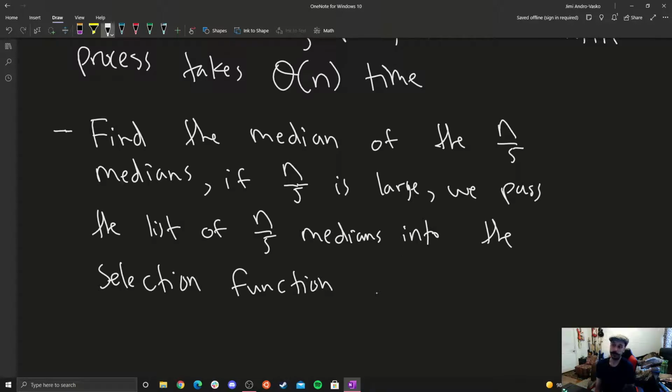Now, if we have a very small constant number of medians, then in constant time we can find the median of the medians.